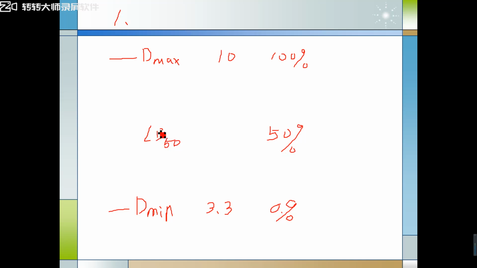Though we don't know the details of LD50, we know the dose of LD50 is between Dmax and Dmin, between 10 and 3.3, maybe 6.5, 6.7, or 7.2, maybe 5, 4.8, 5.8.